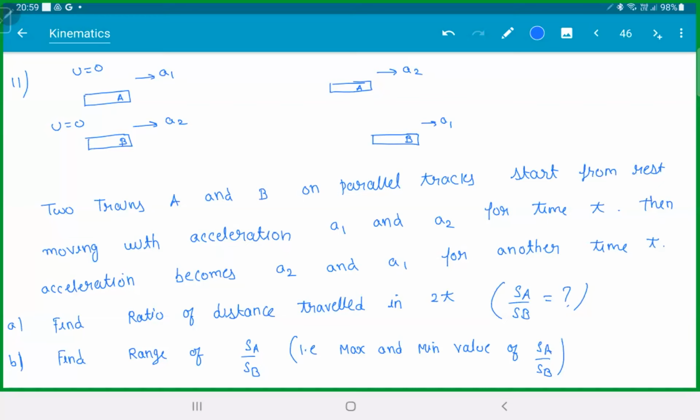Mahalakshika, that is right. Try. How do you find the range?